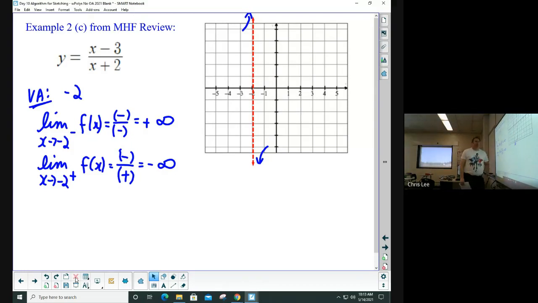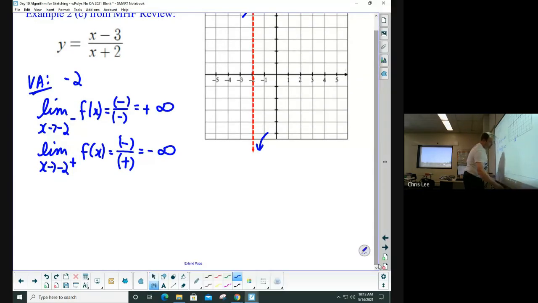Okay. Next, horizontal asymptotes. For the horizontal asymptotes, we compare the degree on the top with the degree on the bottom. This is x to the power of 1, so the degree on the top is 1. The degree on the bottom is also 1. So n equals m. And if you think back to yesterday when we reminded ourselves of oblique or horizontal asymptotes, when n and m were equal, we need to look at the leading coefficients.